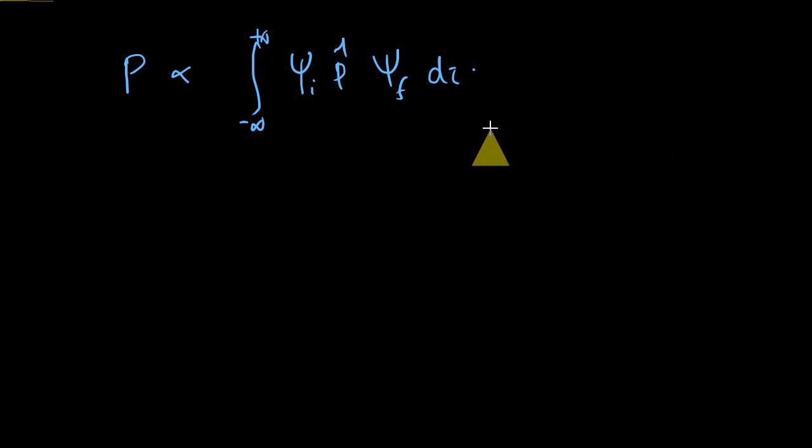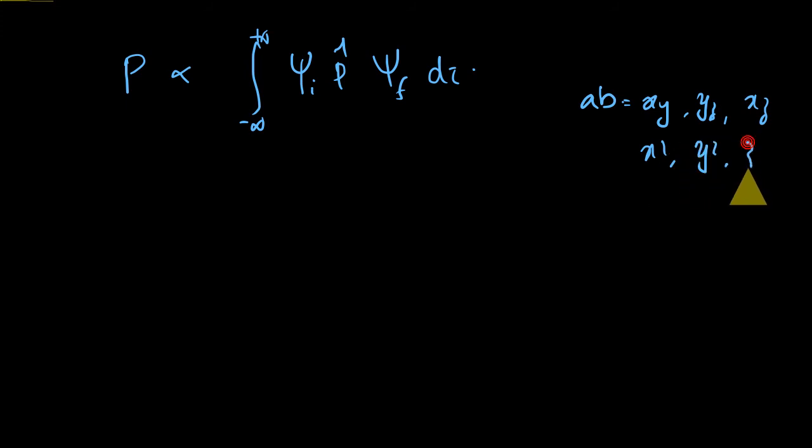So let me call this binary product AB. AB can be the binary product of x or y, like xy, yz, xz, x square, y square, z square. So AB represents all these binary products.